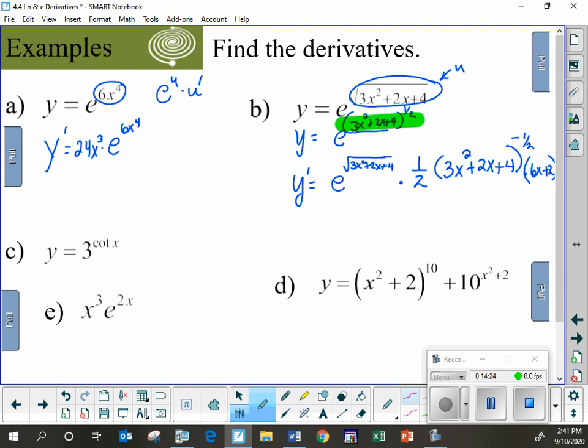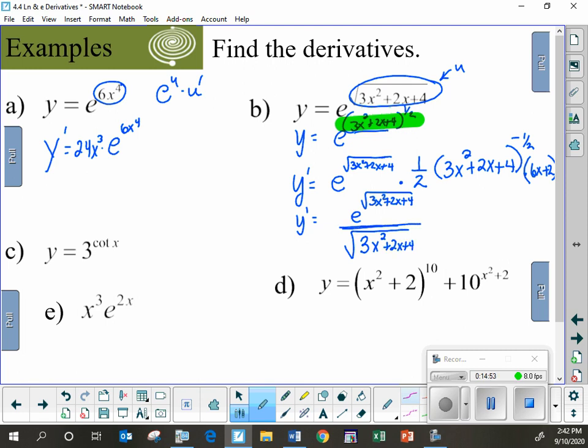All right. There's probably some cleaning up to do here. So let's do a little sorting. E to the square root stuff, 3x squared plus 2x plus 4 over, I see that negative square root, so I'm going to go 3x squared plus 2x plus 4.